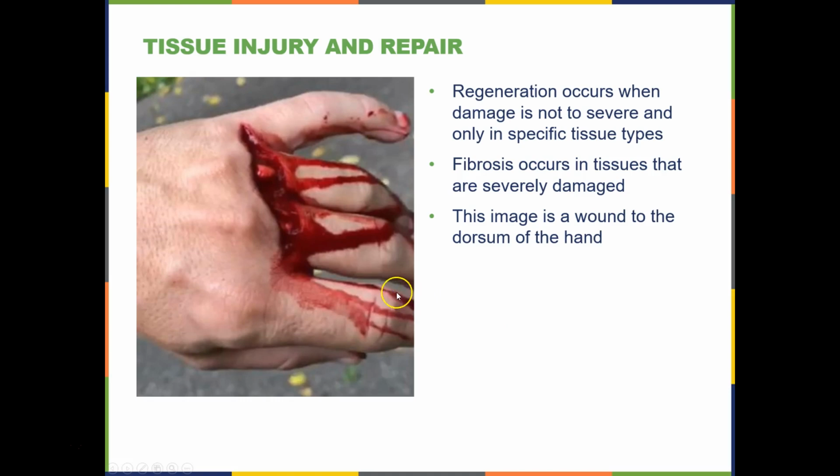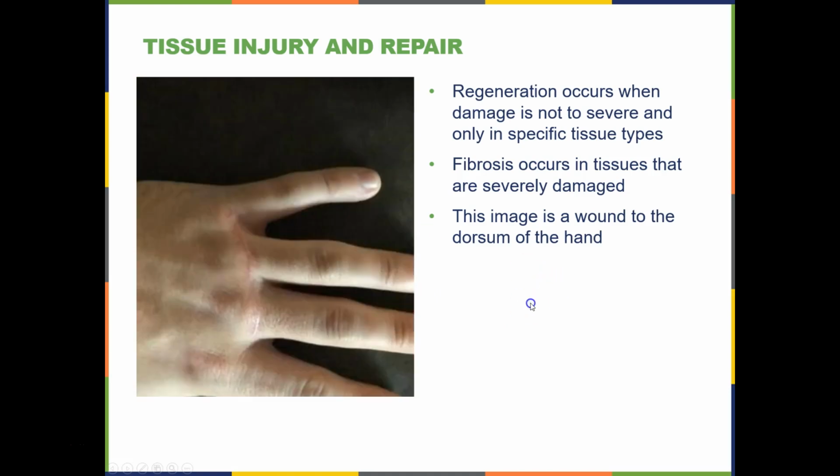And so anytime you end up having surgery, you're almost always going to have some form of a scar. His hand is almost completely healed, except for that little scar right there that you can see. So that's scar tissue formed because you've damaged the tissue so greatly that you can't form the same tissue. Scar tissue or fibrosis does not give you the same function. You've changed the structure, so the function has changed as well.